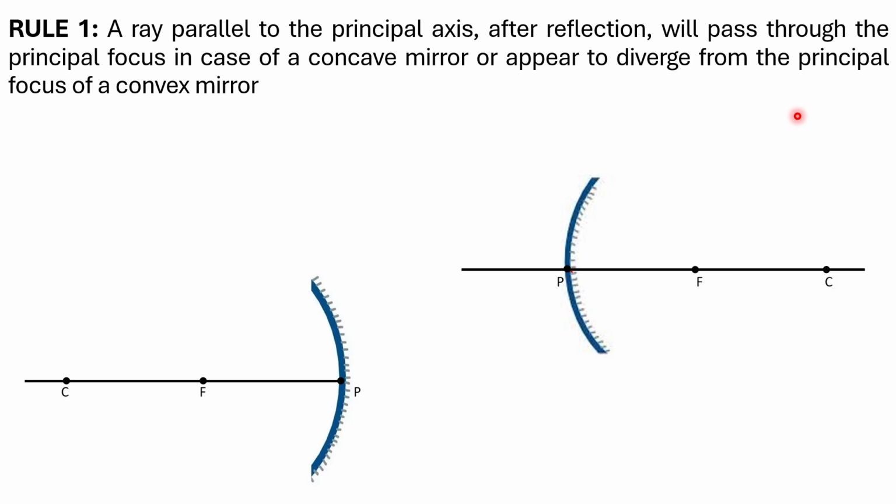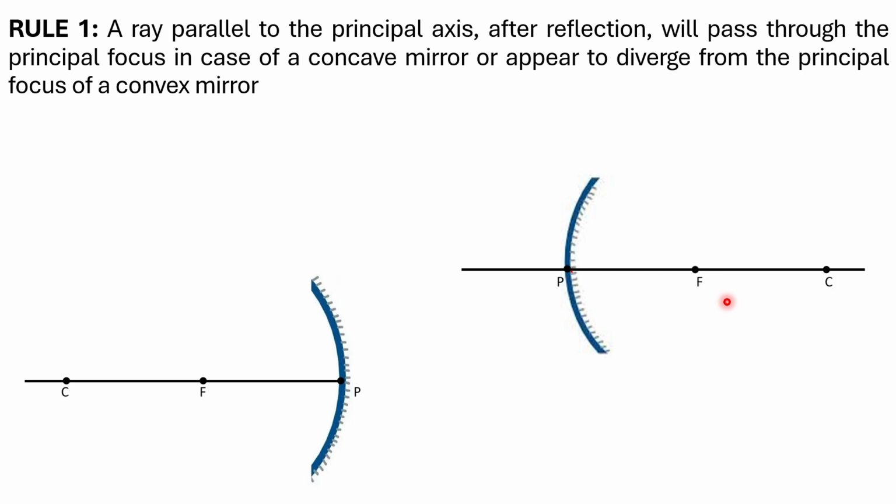Here I have merged both concave and convex together. This rule is applicable to both. The first one says it will pass through the principal focus, which is the case of a concave mirror, and appearing to diverge from the principal focus is for a convex mirror. I want you to try the ray diagram before I explain. Using this rule, just give it a try.